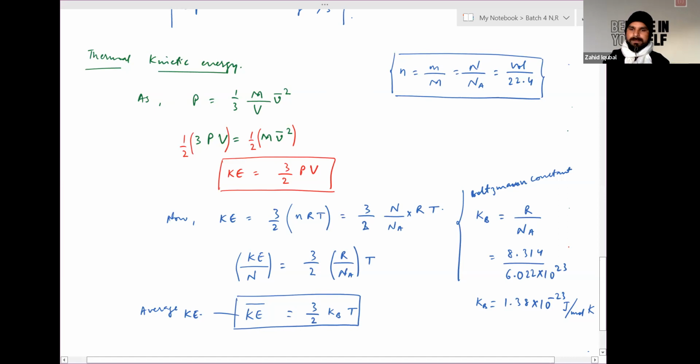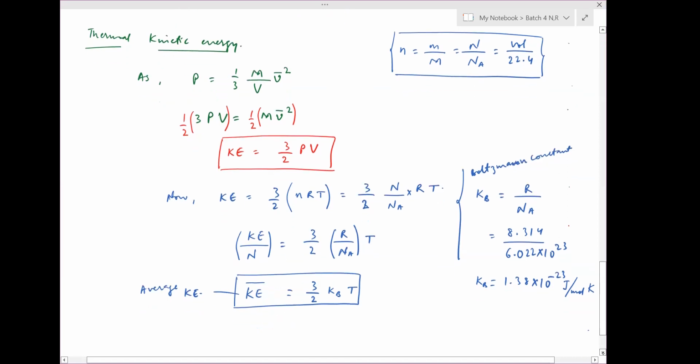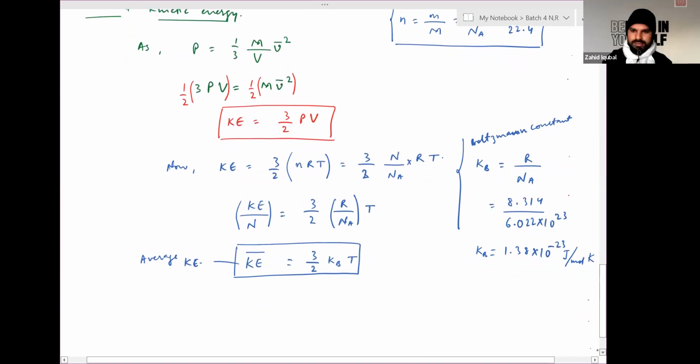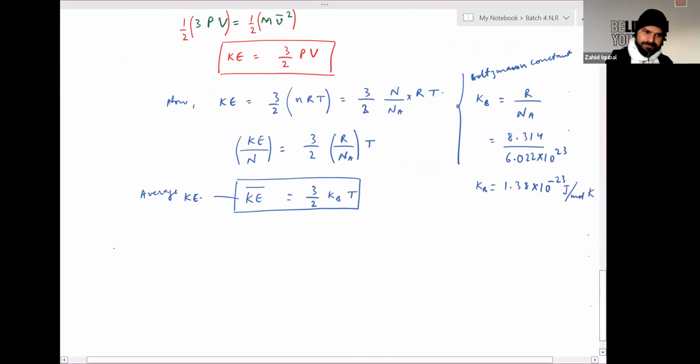You all have written till this? Yes, sir. Now, using this expression, we may define absolute zero, that is 0 Kelvin. If you put the temperature in this expression to be 0 Kelvin, then kinetic energy or average kinetic energy of a particle will become 0. It means there will be no randomness of particle at 0 Kelvin.